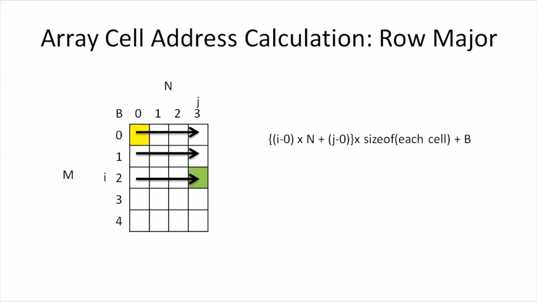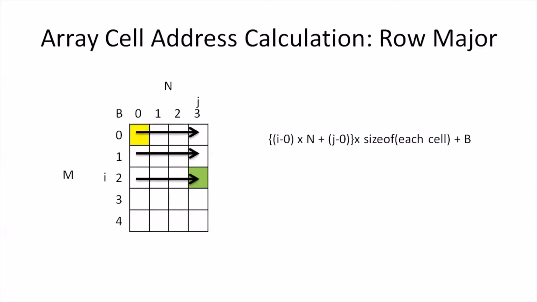So in order to do so, we first identify i-0 into n, where i-0 provides us with the number of rows which need to be traversed completely, that is for all n columns, in order to reach the desired cell. And j-0 indicates the number of cells that we need to traverse in the ith row in order to reach the desired cell.